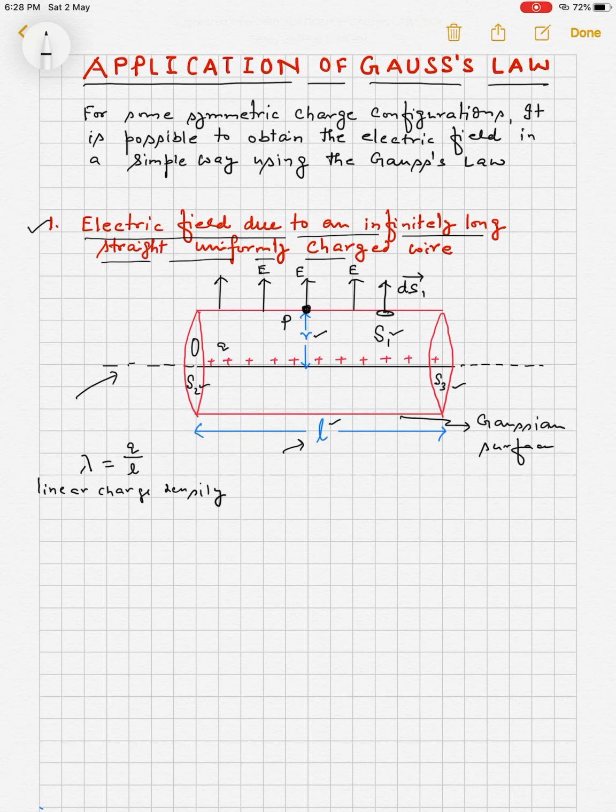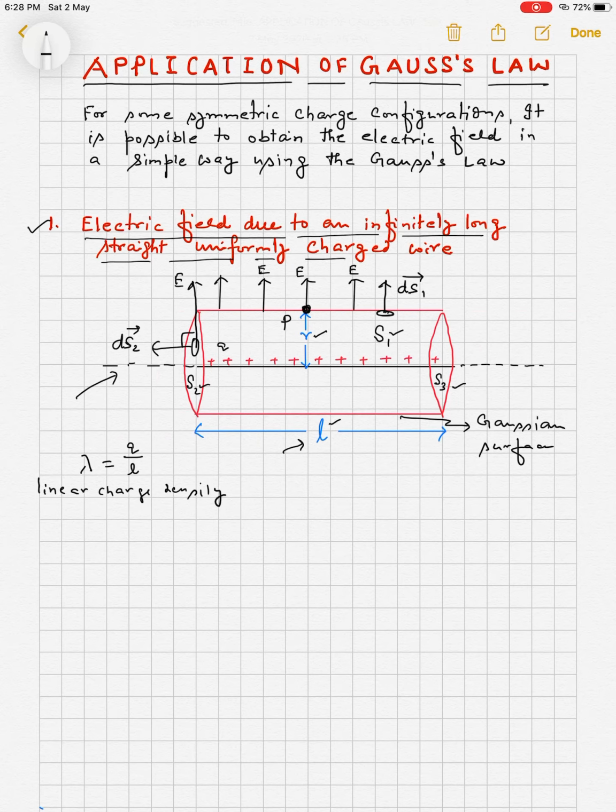Again we consider a small element whose area vector is the outward drawn normal, ds2, and the electric field at this element is away from the positive charge, so this is E. The angle between these two is 90 degree.